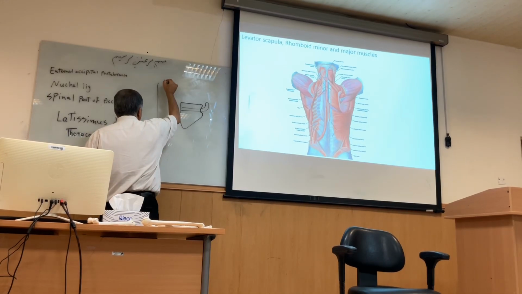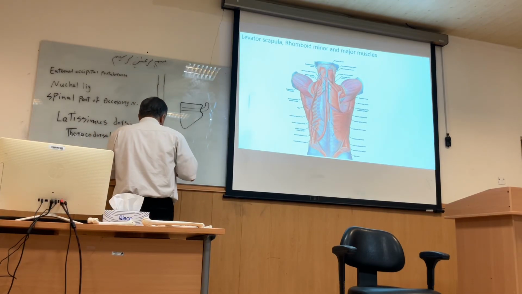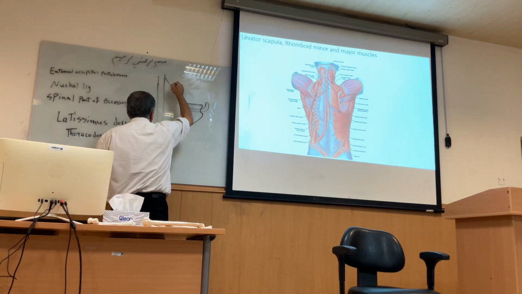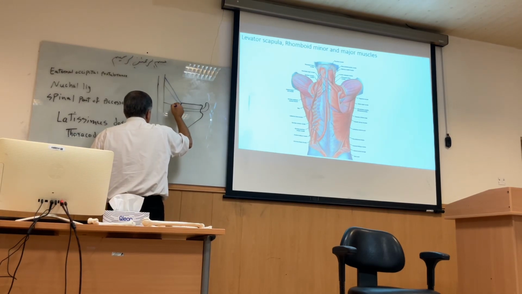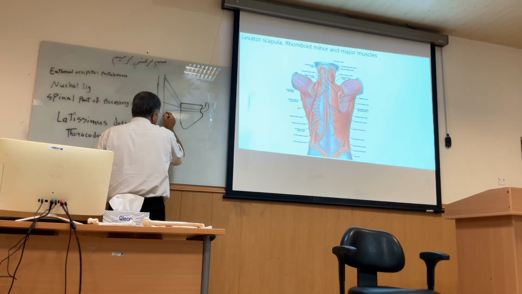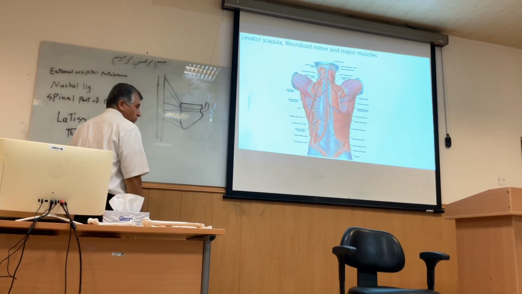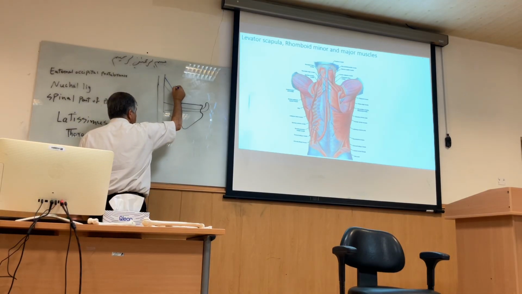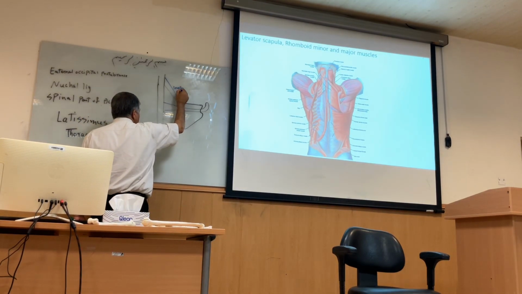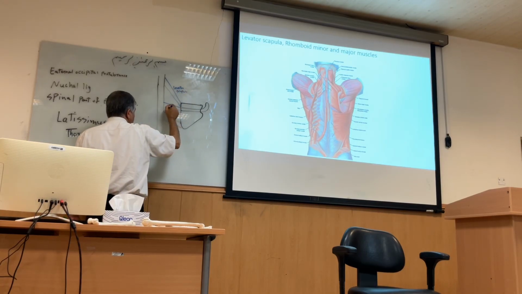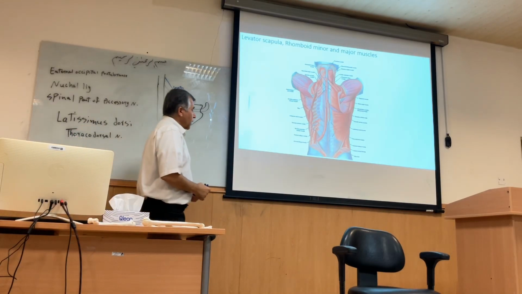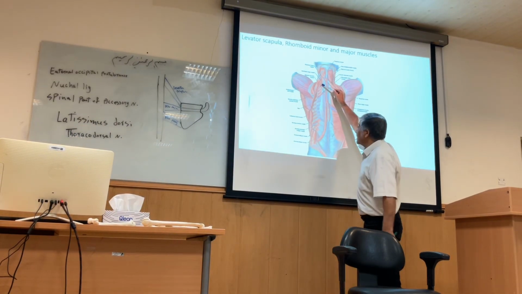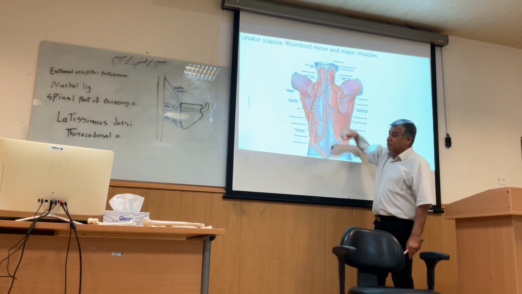Vertebral column, okay? This muscle and this one. What are these muscles? Levator scapulae, rhomboid minor, rhomboid major. Okay? In this figure, you can see this muscle. Okay?